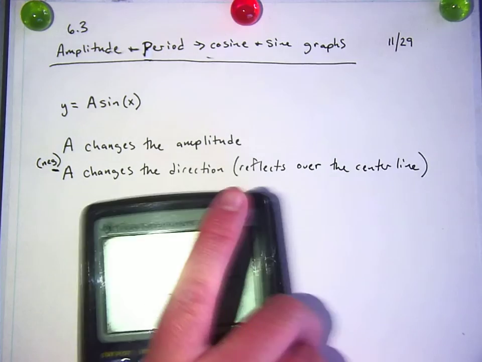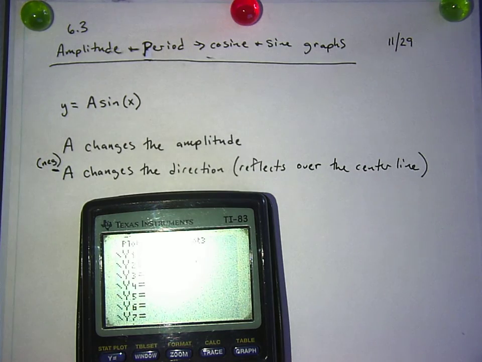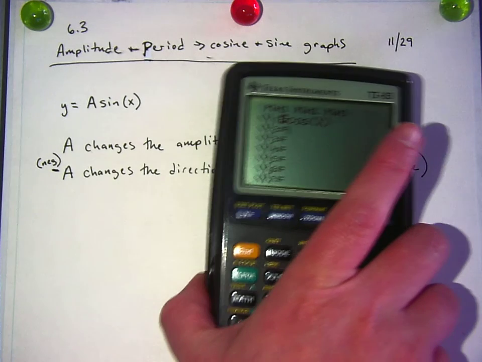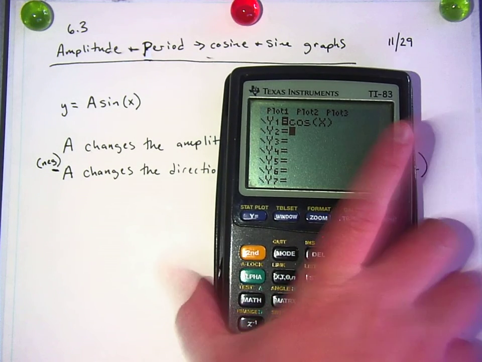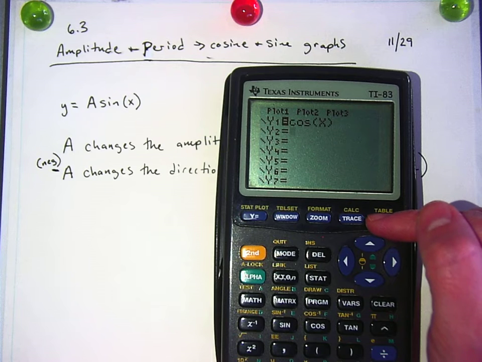Now, it's the exact same thing with a cosine graph. A cosine graph looks like, everybody write it in. Cosine graph looks like this. Cosine of x, we're going to keep the exact same window and hit graph, and then show that to your partner.